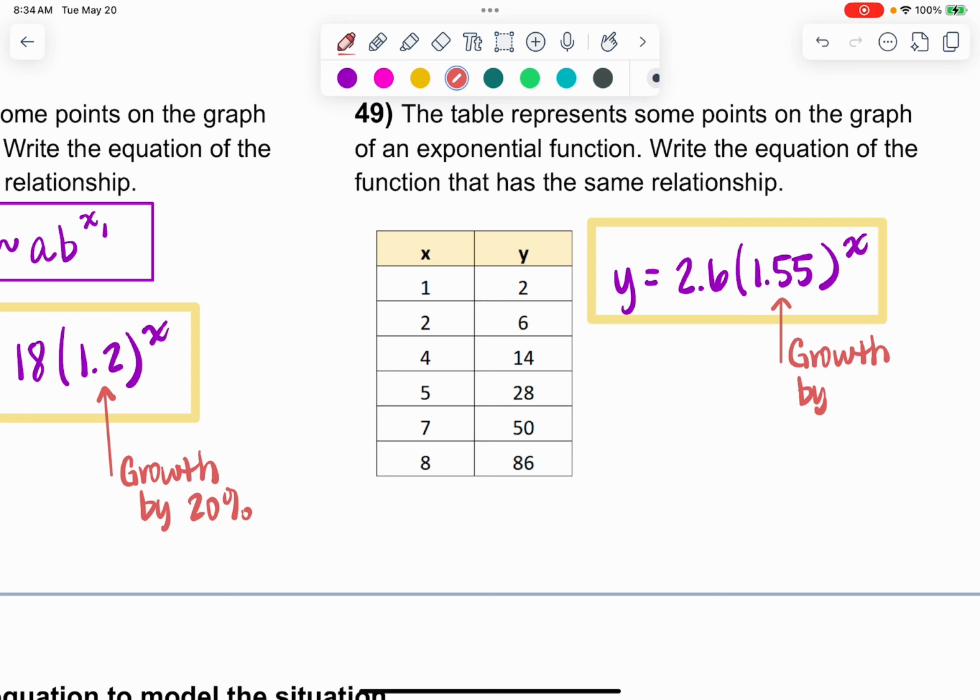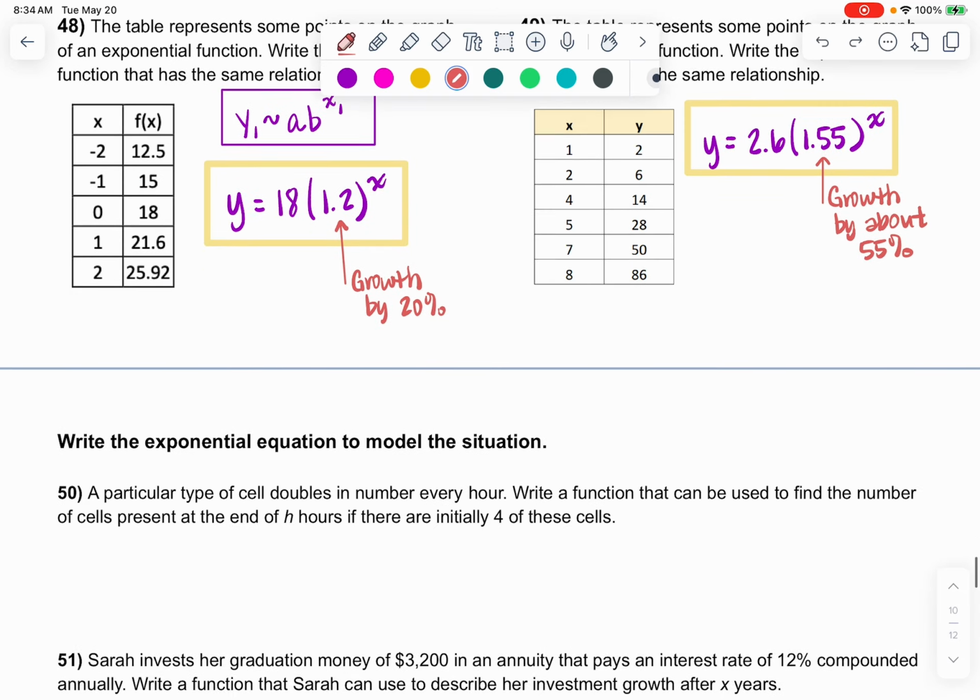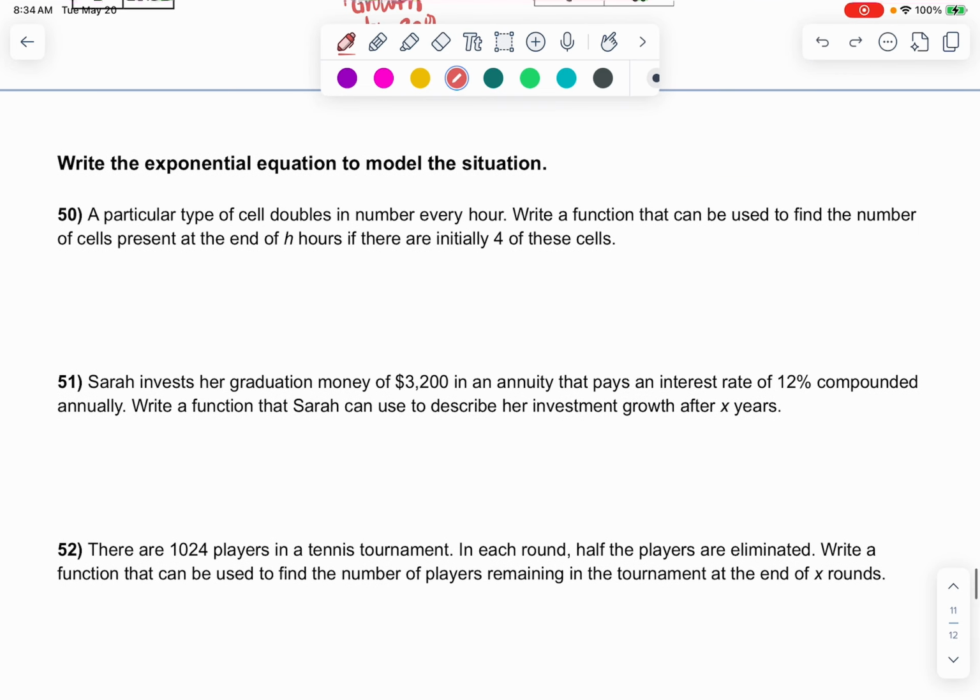And it's a growth by about 55%. Let me write about, because I definitely rounded to get to that 0.55, so about 55%, because as a percentage, this would be 155%. Oops. Okay. All right. Let's go read some scenarios and write our exponentials.